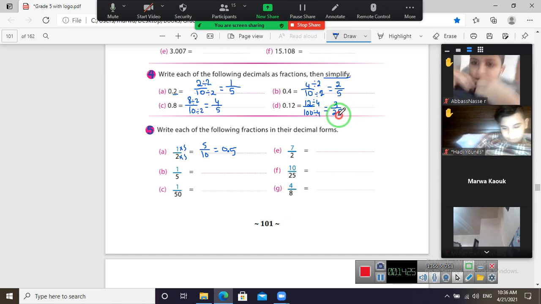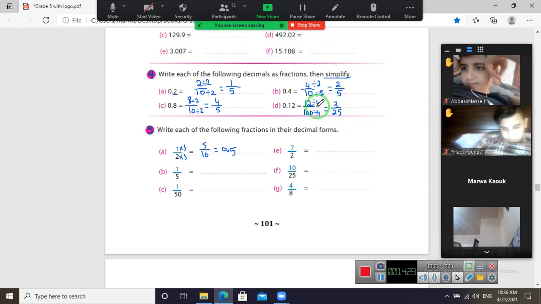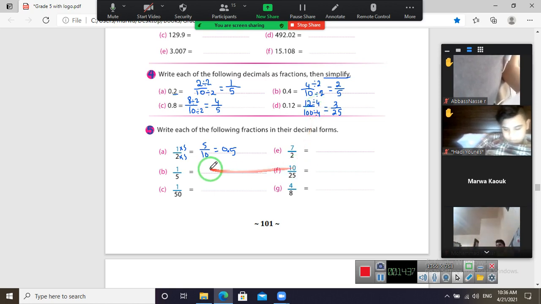Or you can divide it many times by 2. First by 2, it will be 6 over 50. Then you must divide it also by 2. It will be 3 over 25. The two ways are correct. Hamad Isa, 12 over 100 always gives these two fractions that I mentioned.